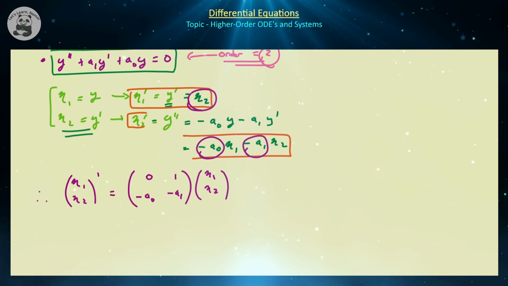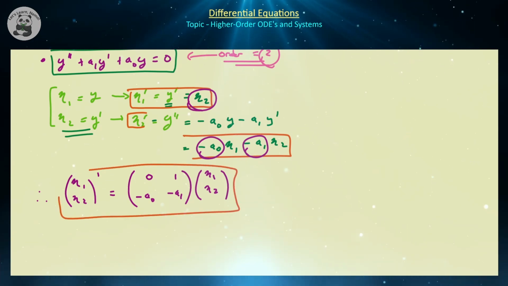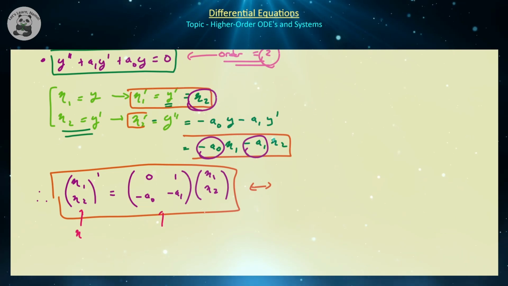Right? So notice that we have a matrix equation here, and we can write this in vector format. For example, we can call (eta1, eta2) the vector eta. We can call this matrix A, which could be a function of x, and here we have eta again. Right? So we have eta prime is equal to A(x) eta.